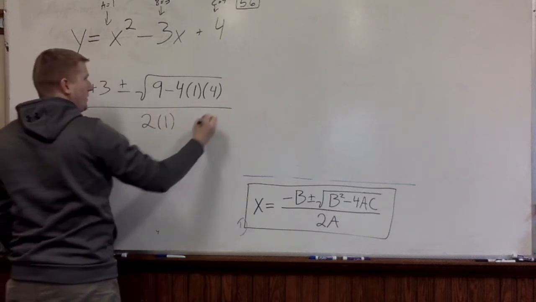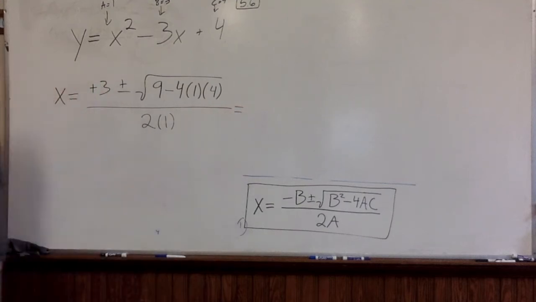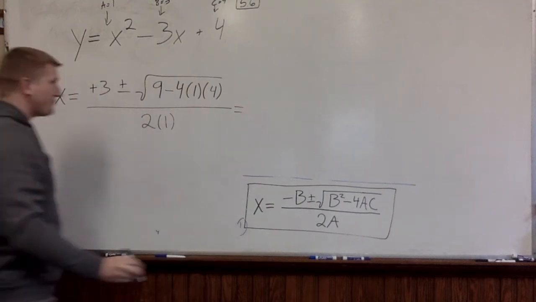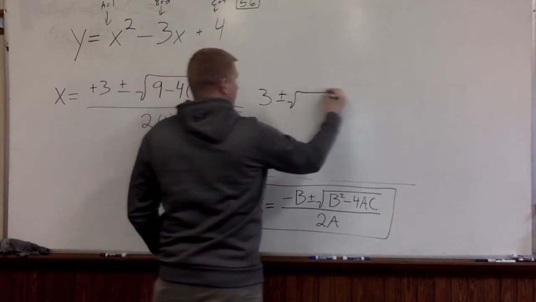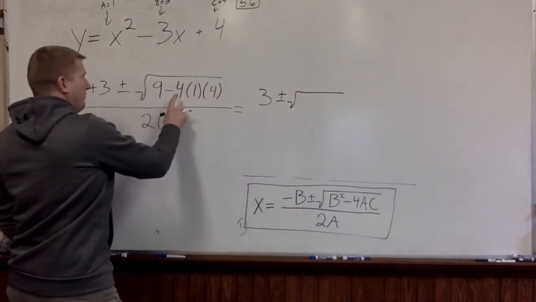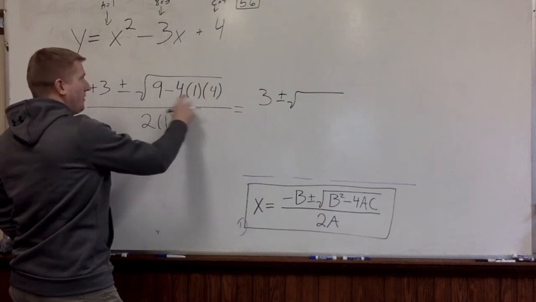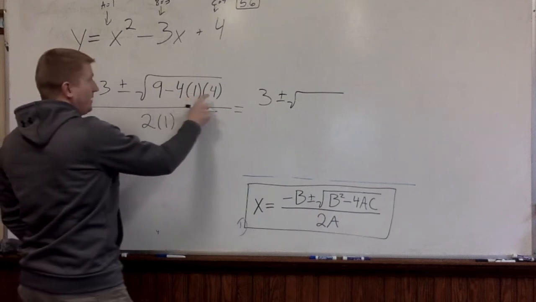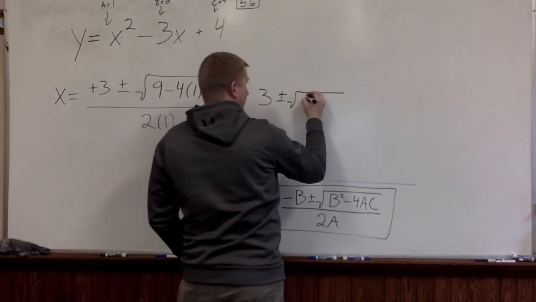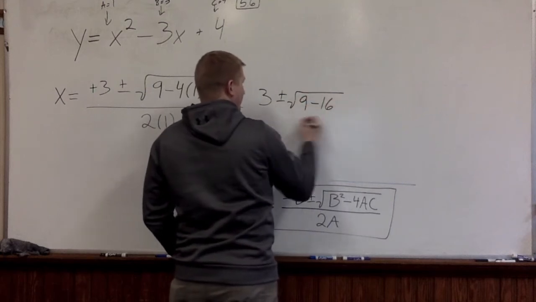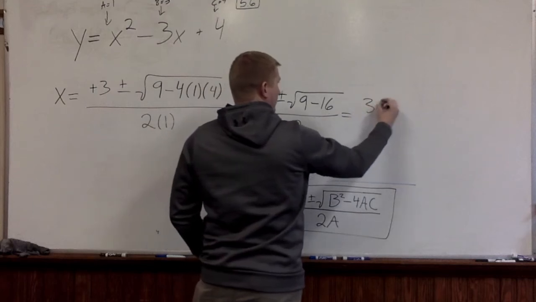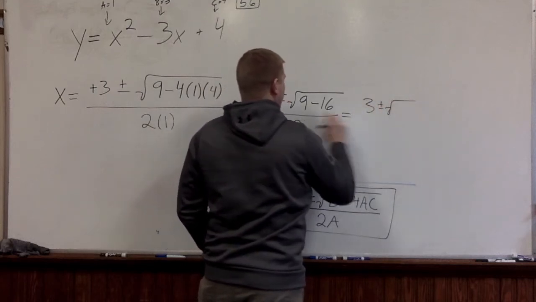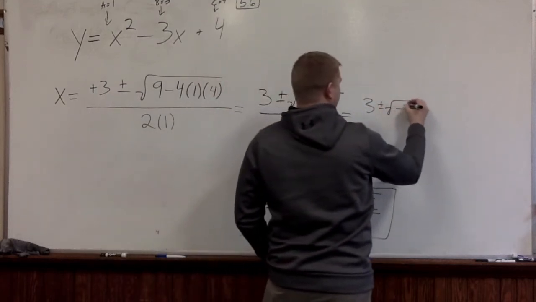All right. So let's just take this one piece at a time again. We're going to end up with 3 plus or minus the square root. All right, so 4 times 1 is 4, and then 4 times 4 is going to be 16. So we're going to have 9 minus 16. 2 times 1 is just going to be 2. All right, so 3 plus or minus the square root. 9 minus 16 is going to be negative 7.